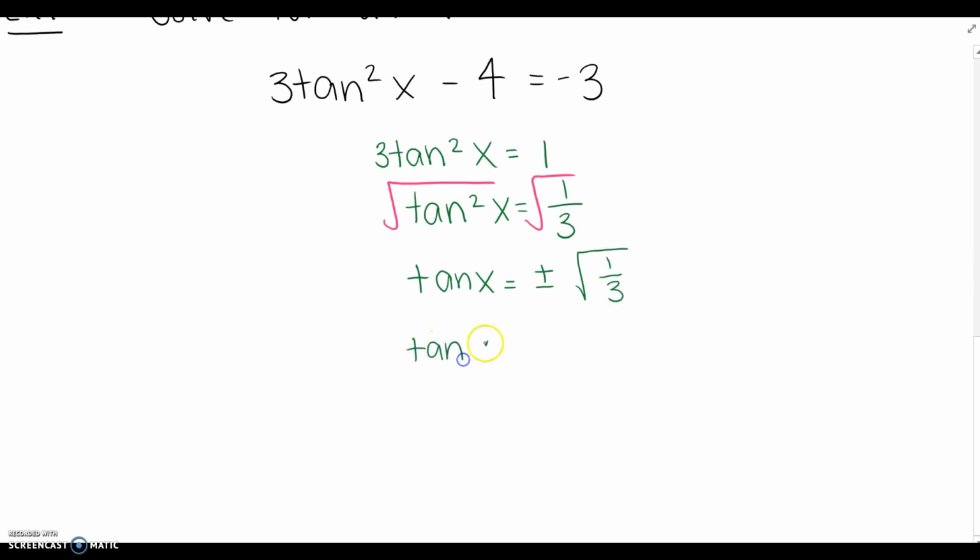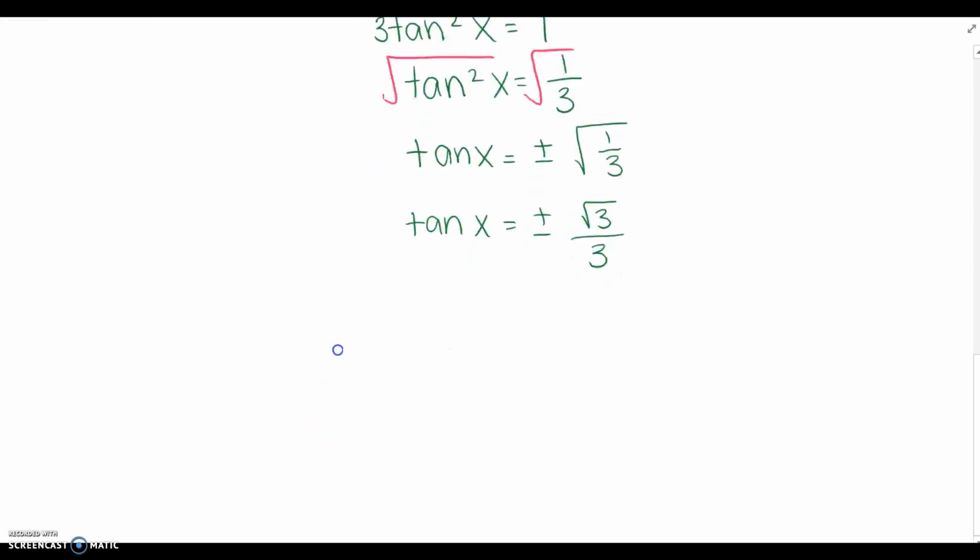So tangent of x equals plus or minus root 3 over 3. So now what you're going to do is think about, when is tangent of x positive or negative root 3 over 3? And there can be multiple answers. So think of your unit circle.